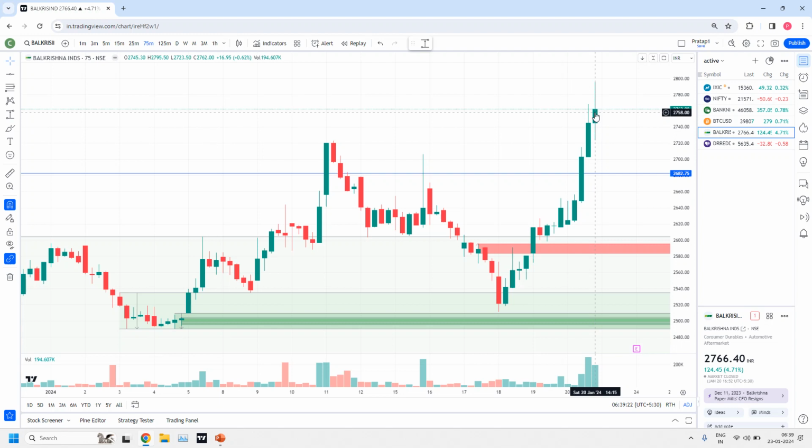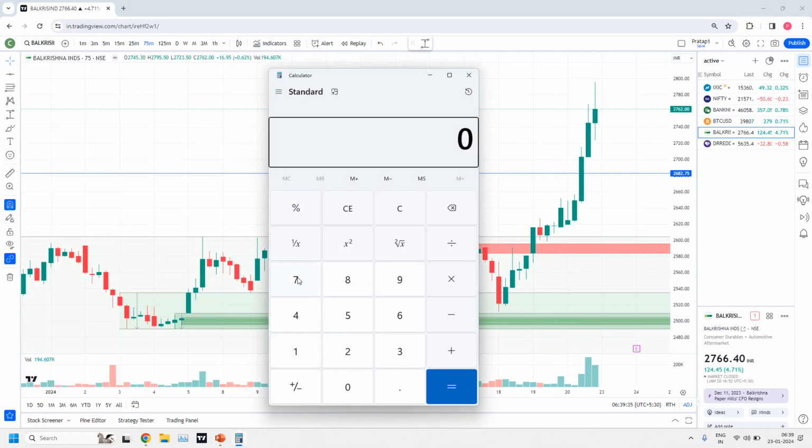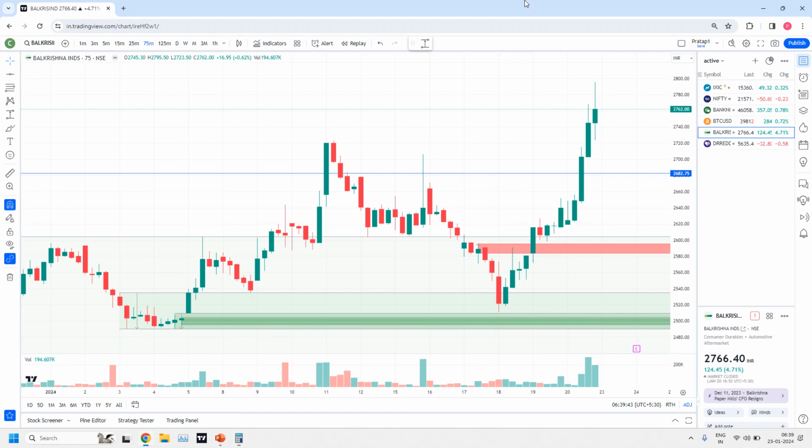See here, let us see the closing price. Let us calculate. Let us assume you exited near the closing price, so we will calculate an approximate value. 2766 minus the entry, which is 2511.